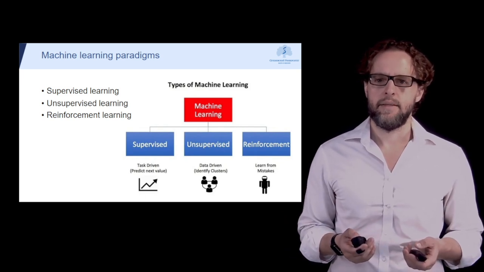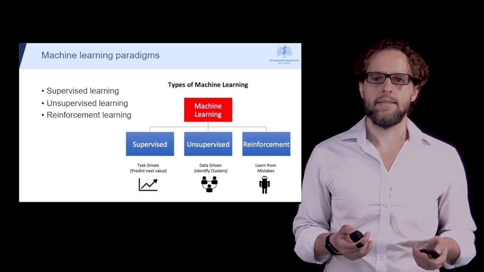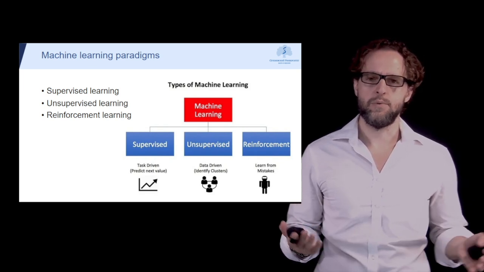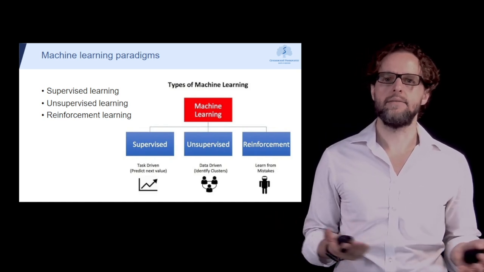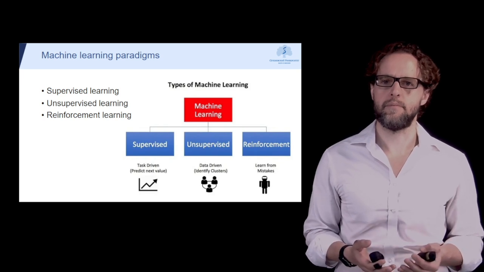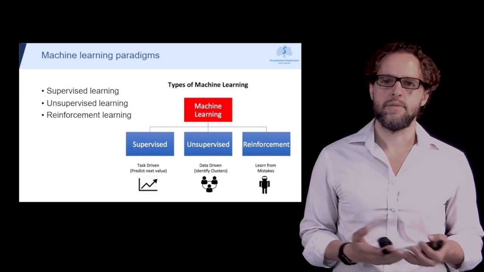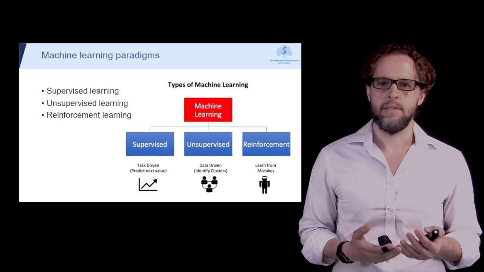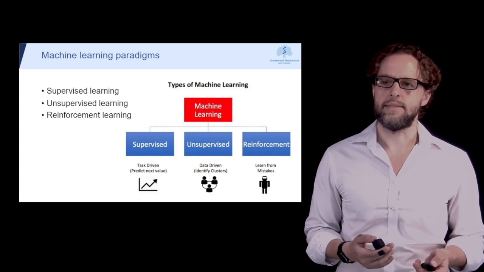Unsupervised learning, a data-driven learning paradigm. A classic example is clustering, when we're dividing cases into different categories. And the third one is reinforcement learning, the most difficult paradigm, and it's based on learning from mistakes.